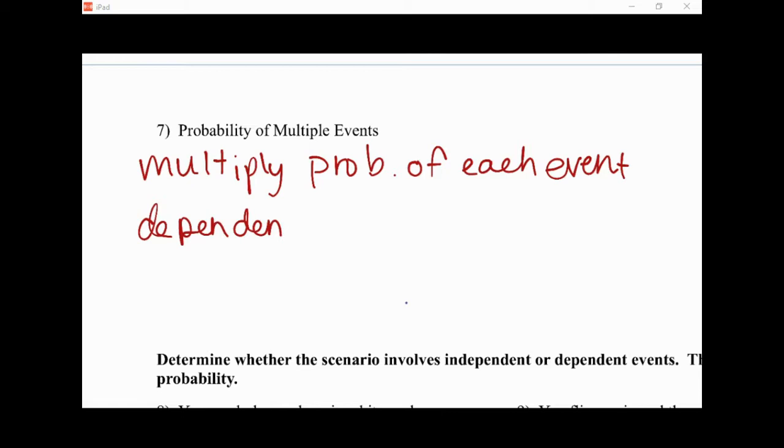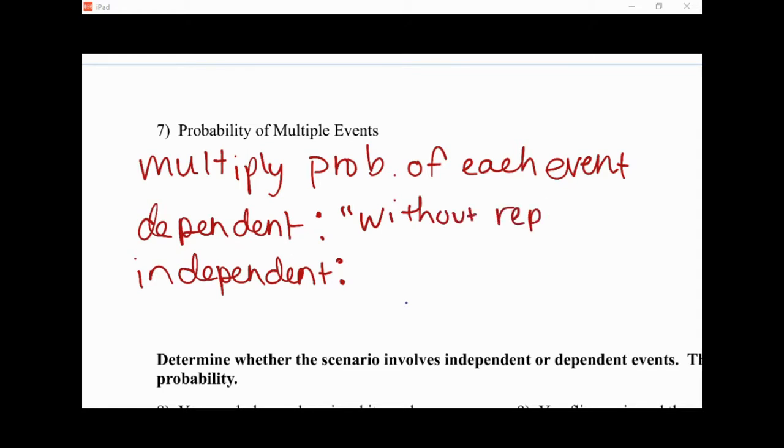So, dependent. Basically, what that means is what you do during the first event impacts the probability of the second event. If you're choosing 2 things, it will be dependent if it is without replacement.